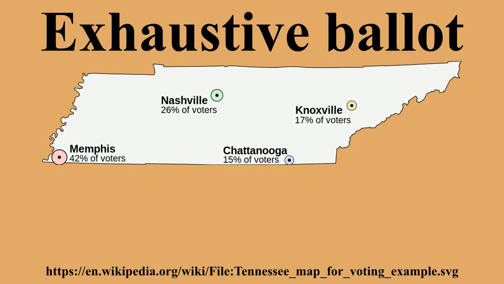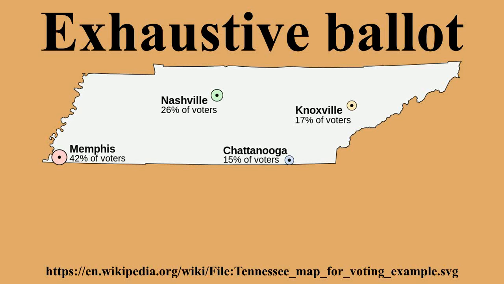Similar systems. The two-round system. As noted above, the exhaustive ballot is similar to the two-round system. However, under the two-round system, if no candidate achieves an absolute majority in the first round, then, rather than just a single candidate being eliminated, all candidates are immediately excluded except the two with the most votes.